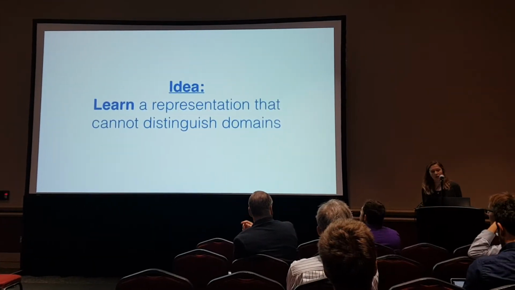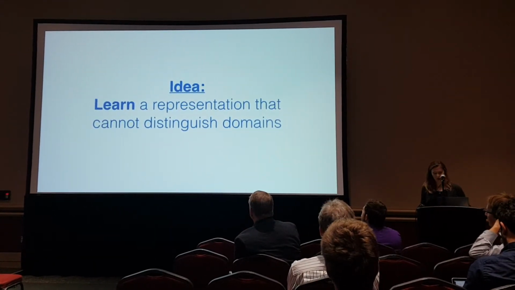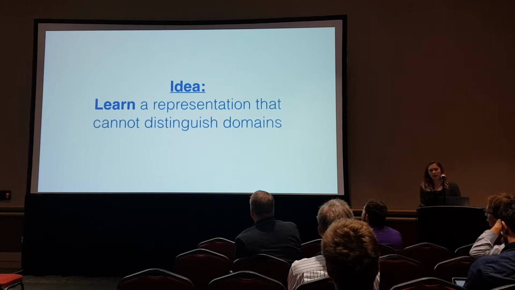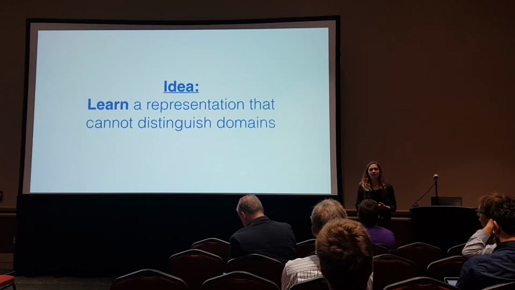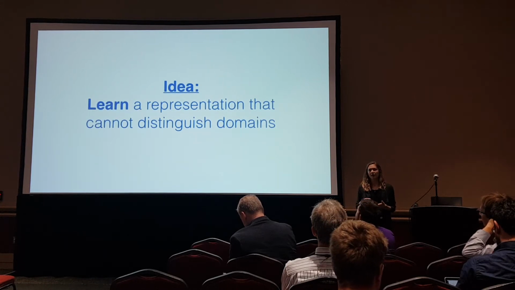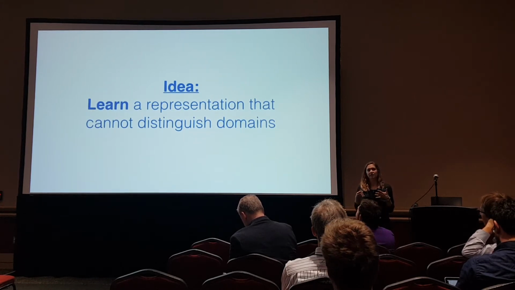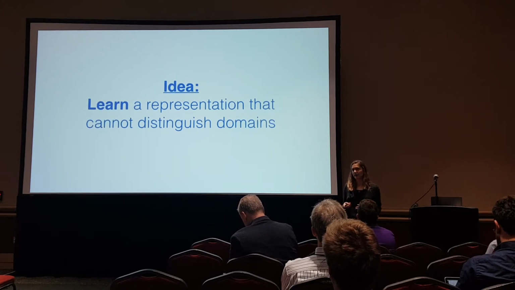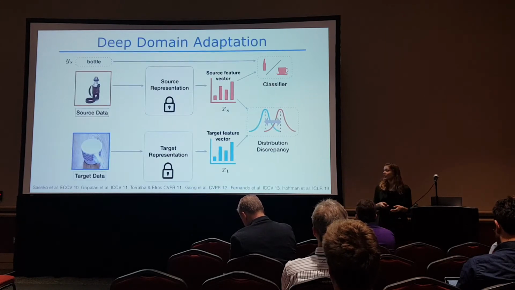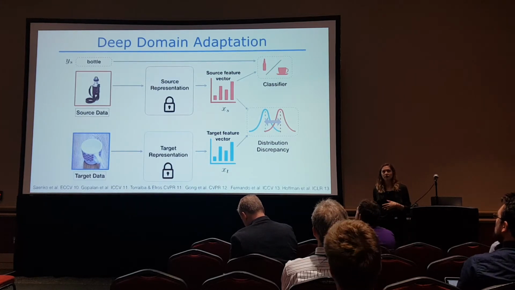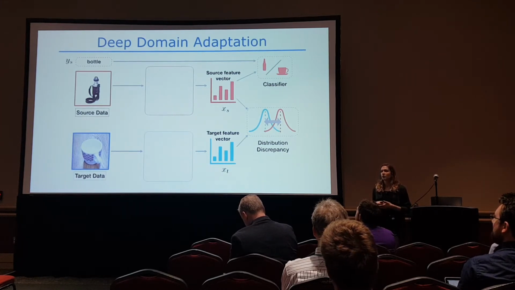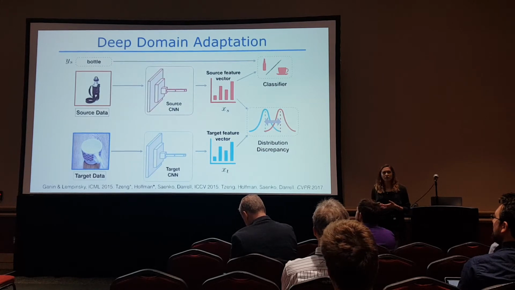So the goal here is to be able to learn a new representation which doesn't succumb to this same problem and instead is invariant to the differences between the source and the target data. And so instead of having this fixed representation, of course, as we all know, we now learn these deep representations.